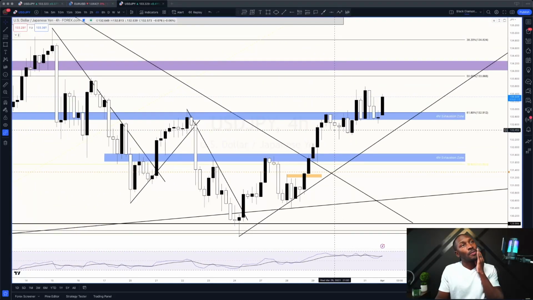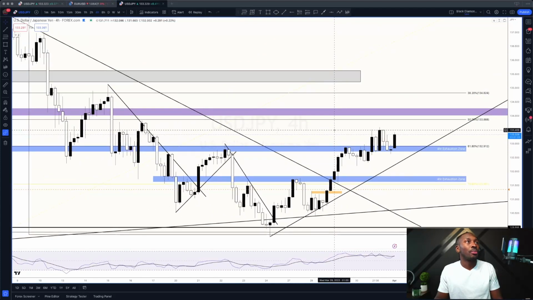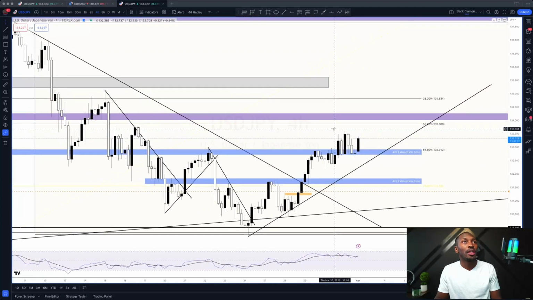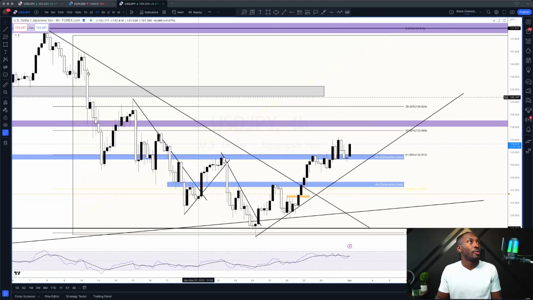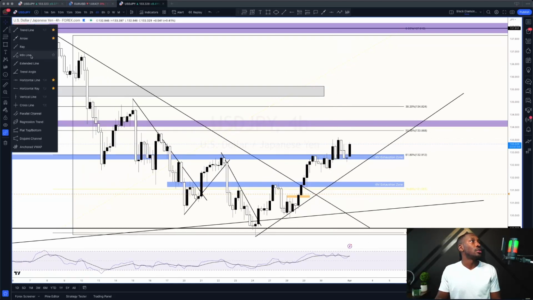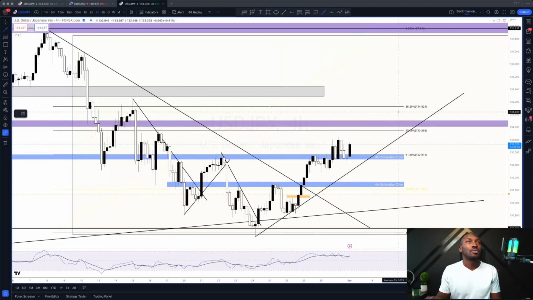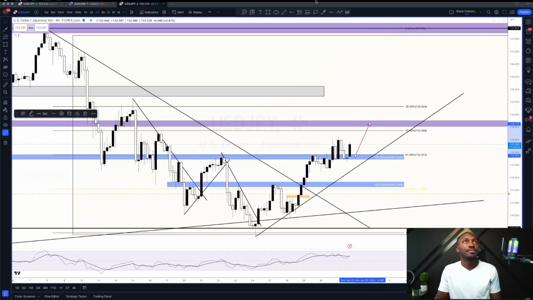However, I'm looking for this to be primarily bullish this upcoming week. And I'm looking for it to potentially go to this area here before pulling back.